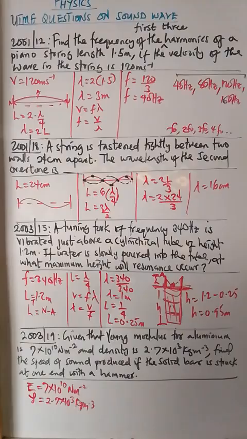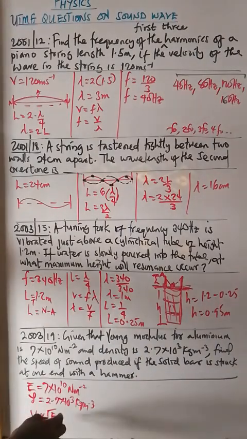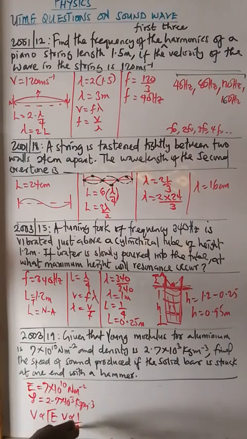In short, we are looking for the speed of sound through aluminium. And recall, when we began the lecture, factors affecting the speed of sound, number 1 is the Young modulus, or the elasticity of the medium. And the speed is inversely proportional to the square root of density.